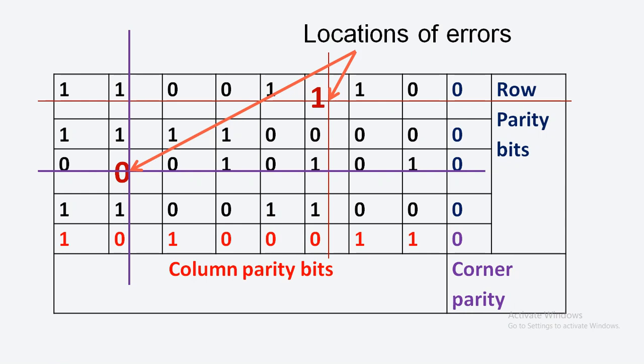Compared to one-dimensional parity bit scheme, where, as said earlier, if an even number of bits goes for error, then the scheme is misleading, the two-dimensional parity bit scheme is rather robust. Apart from identifying multiple bit errors, it will also indicate the locations at which the bits have gone for errors.